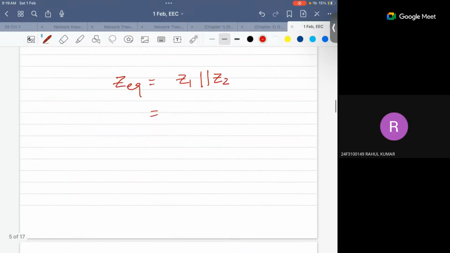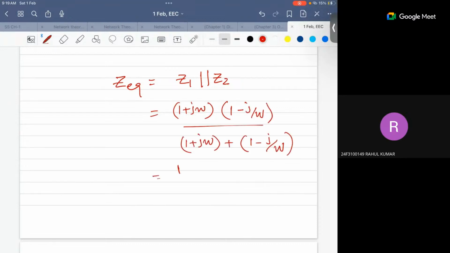So this will be 1 plus j omega times 1 minus j by omega, upon 1 plus j omega plus 1 minus j by omega. If you multiply, you get 1 minus j omega by omega plus j omega by omega minus j square, and the omega terms will get cancelled.